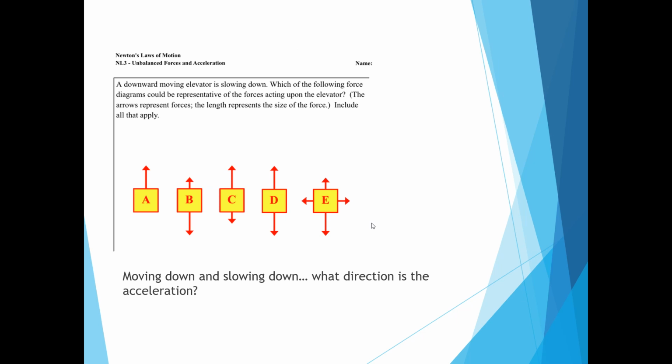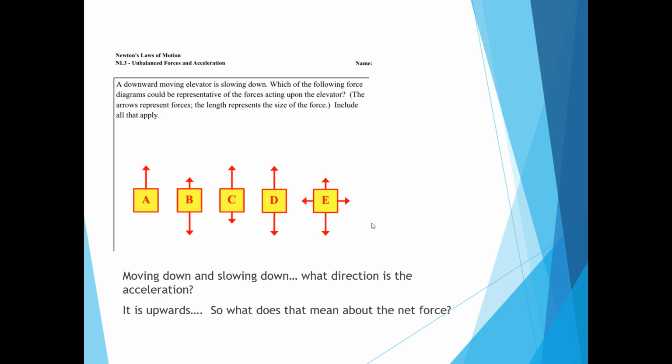So this first one, a downward moving elevator is slowing down. Which of the following force diagrams could be representative of the forces acting upon the elevator? Arrows represent forces, length represents the size of the force, include all that apply. So it's moving down and it's slowing down. So if that's the case, which direction is the acceleration? You've covered this previously. So this is going to mean that the direction is going to be upwards. And what does that tell you about the net force?